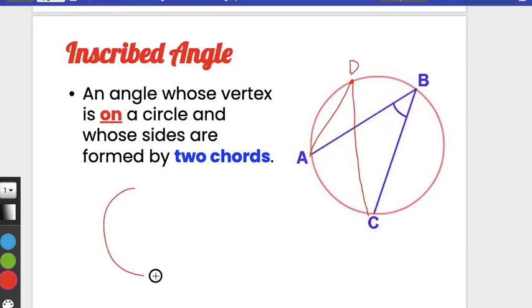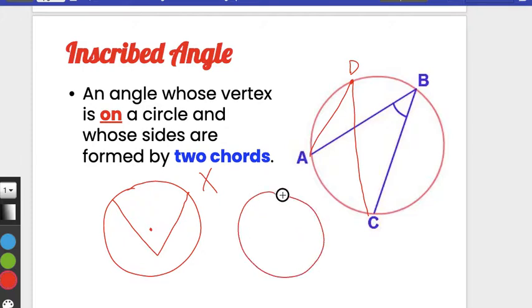Two non-examples are going to be like this. Not an inscribed angle, the vertex is not on the circle. Sometimes it is formed by two chords, so can I call this an inscribed angle?